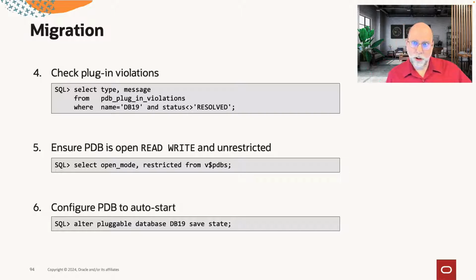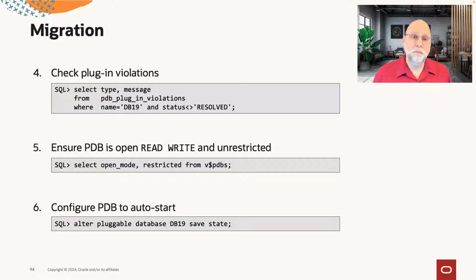Now, another thing you can do then is to set the default state of your pluggable database. Now, this is something you didn't have to do for a non-CDB. When you start up a database, a non-CDB, you start it up. However, in a container database, because you might have multiple pluggable databases all consolidated into one container, we don't assume that you want them all started up every time you start up the CDB.